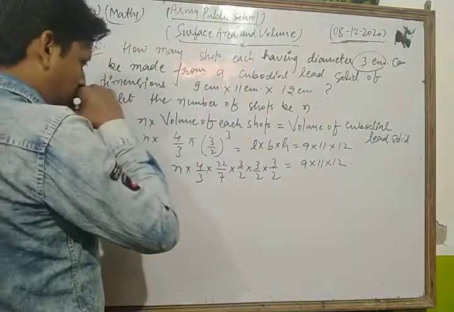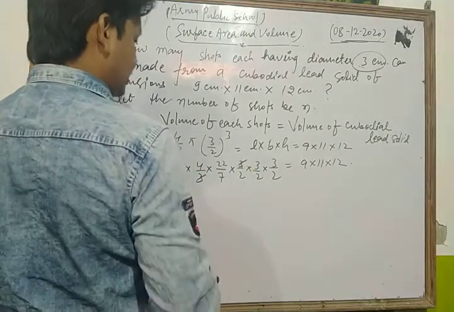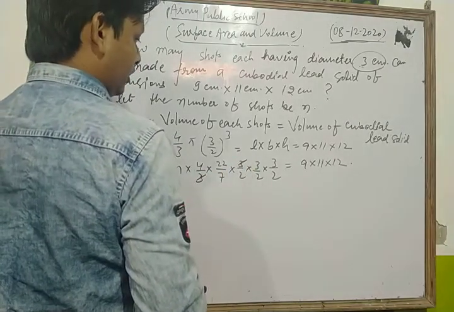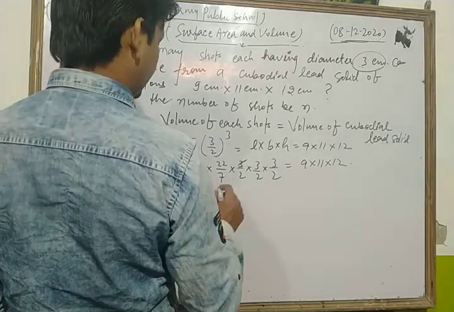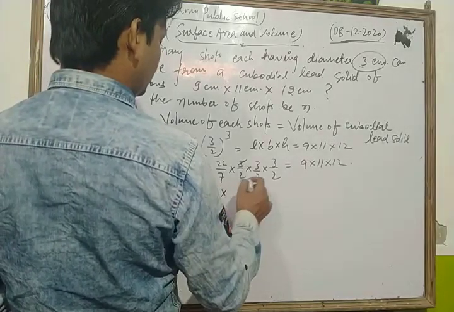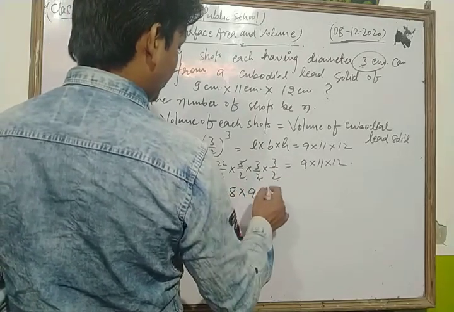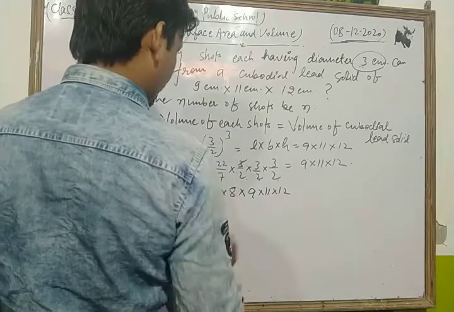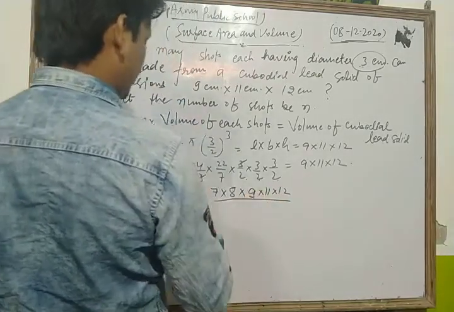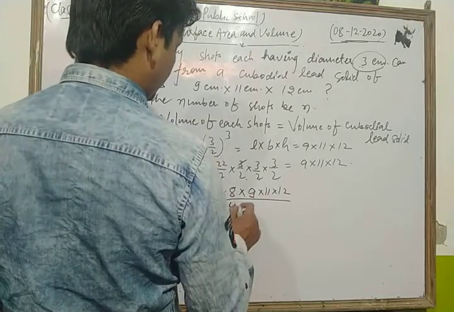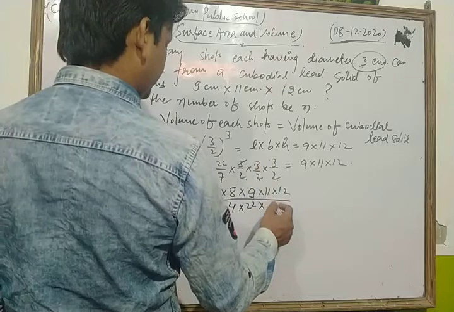Now the 3s cancel to each other, and the value of n is 7 into 2 to the 4 to the 8 into 9 into 11 into 12, divided by 4 into 22 into 3 3 the 9.